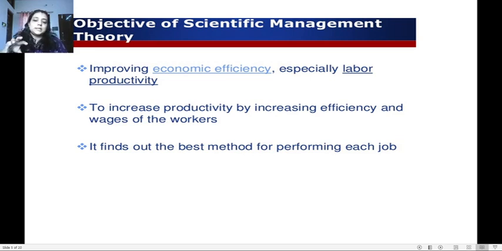So this scientific principle said that the organization or the manager needs to look into it: when a person is increasing productivity, he should be given a fair remuneration. Which we studied in the 14 principles under fair remuneration, right? Same thing: productivity will increase, his efficiency will increase, so the wages of the worker should also be given accordingly, right? To increase productivity by increasing efficiency and wages.